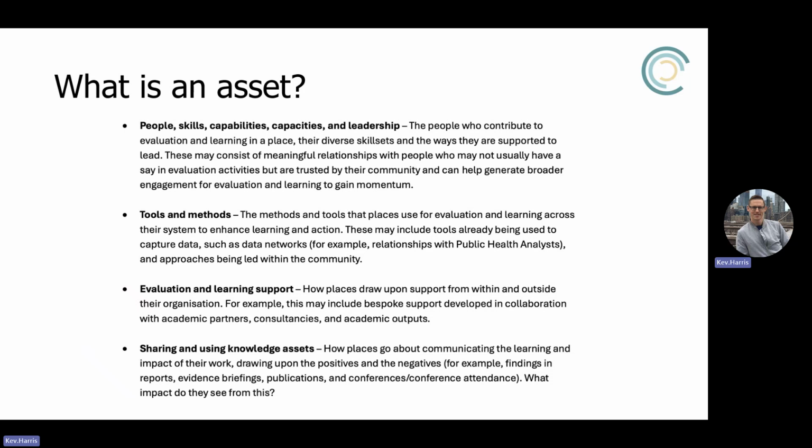For example, people, skills, capabilities, and capacities. We know that it's not necessarily a research team that works in a silo or on their own that is driving evaluation and learning within a place. We know that there might be other people within the system, at different layers, who have significant skill sets that are helping to drive evaluation and learning.